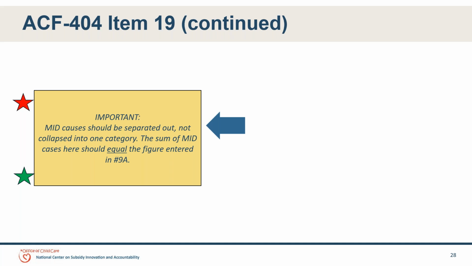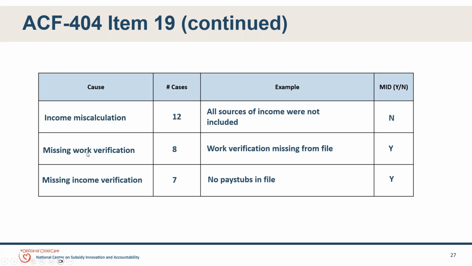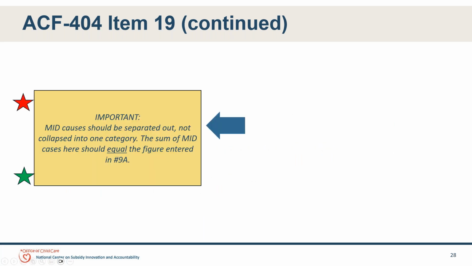Sometimes we see in item 19, the state will just say missing documentation is the error cause, and they're all collapsed together. But we want you to separate them into specifically what was missing. So like on the last slide, the state had missing work verification, missing income verification. They're listed separately, right? So make sure that you don't have all MID cases lumped together in item 19.